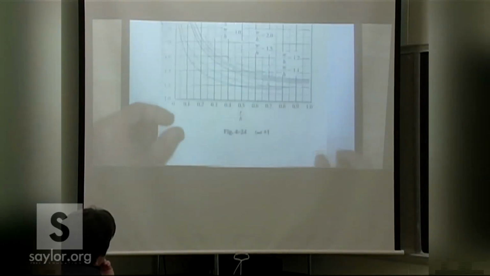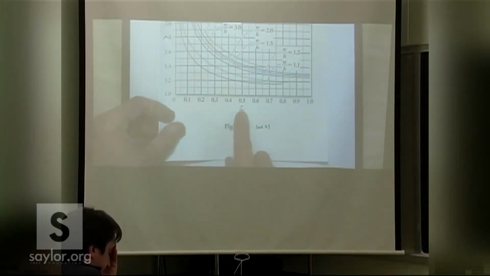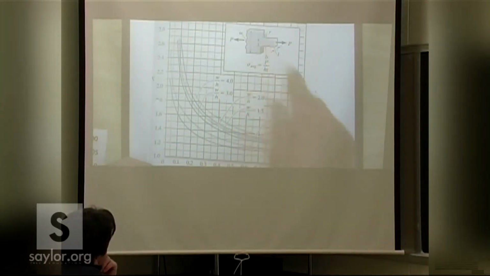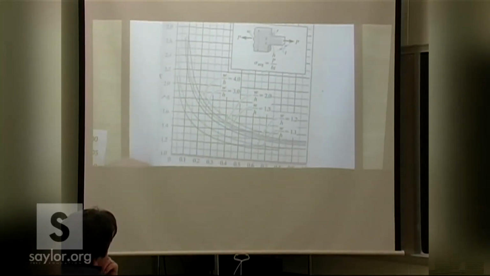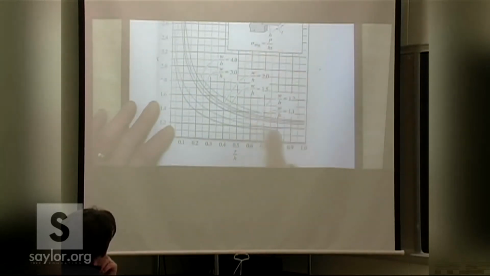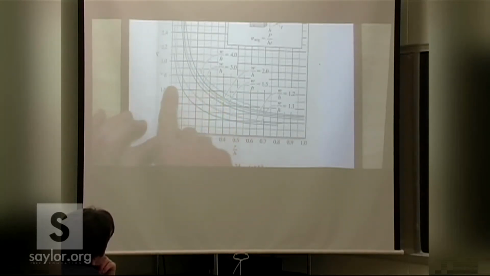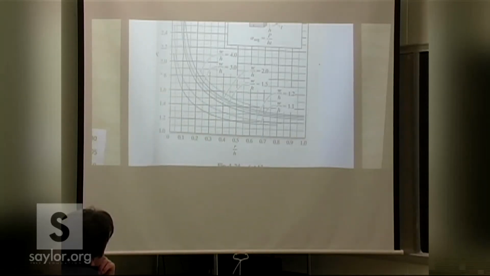And then along the bottom comes into effect the radius of this fillet at the shoulder right there. So again, you figure out your R over H value, go up to whichever curve matches your W over H, then you go over and read your stress concentration factor, and then calculate your maximum stress from that.